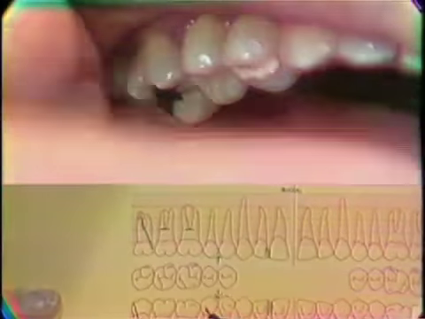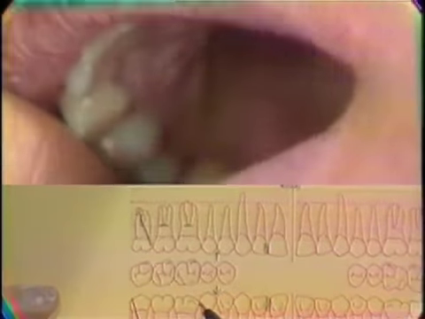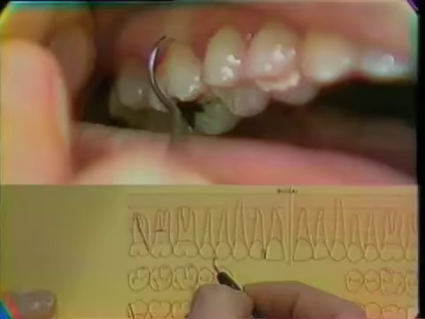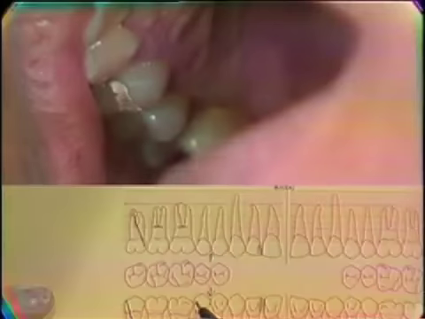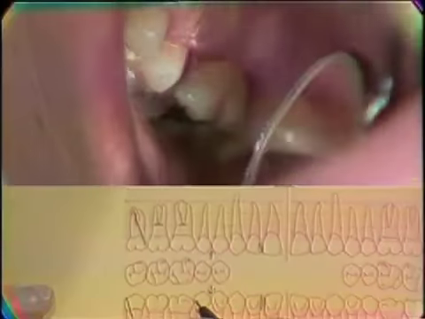Can you turn your head way over toward me now, please? Many times you'll find it useful to use a 17 Explorer to explore furcation involvements on the lingual.